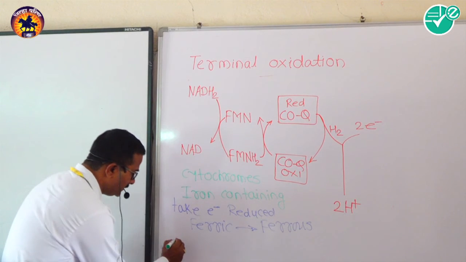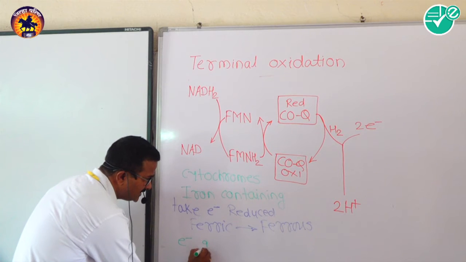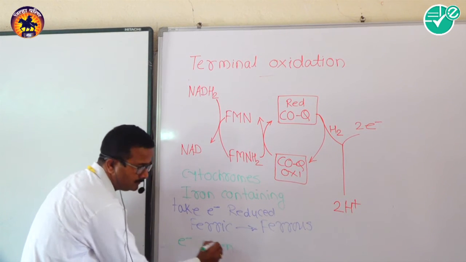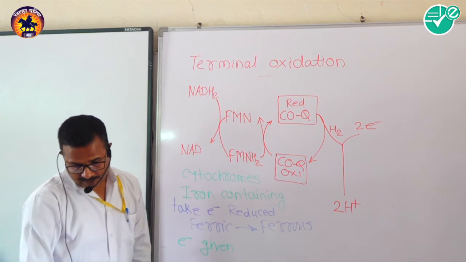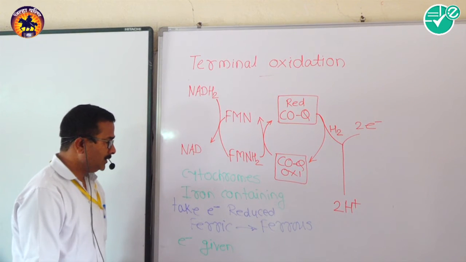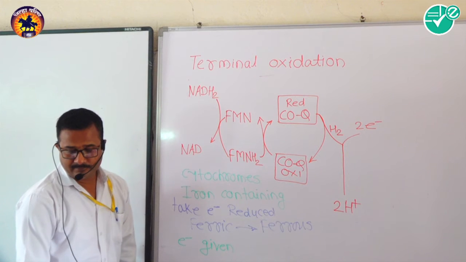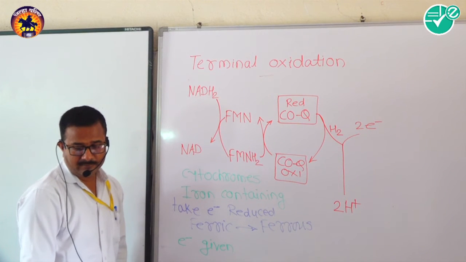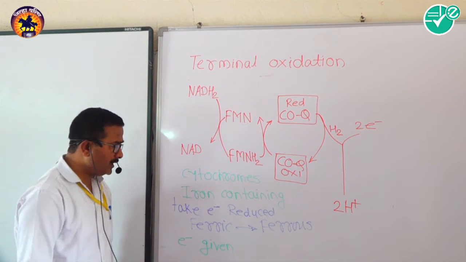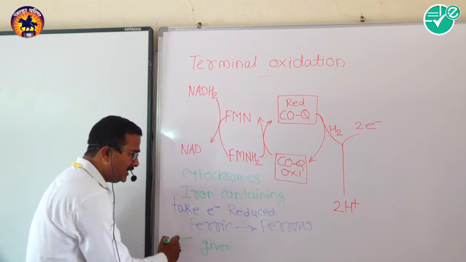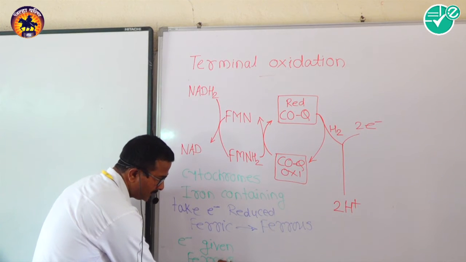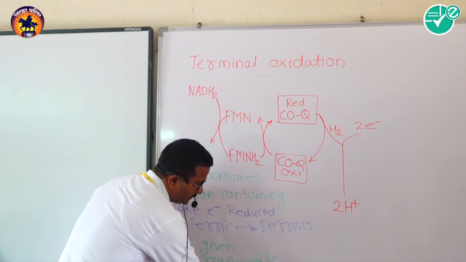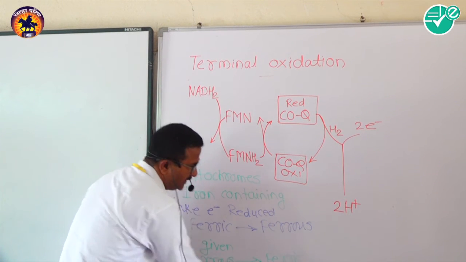When electrons are given, meaning electrons get oxidized, then these iron containing substances, ferrous, get reoxidized to the ferric.